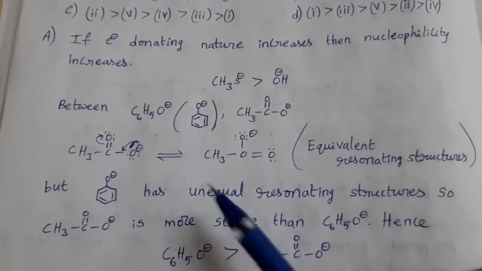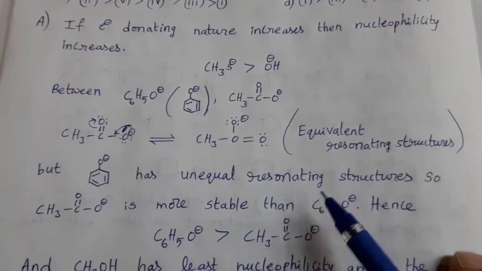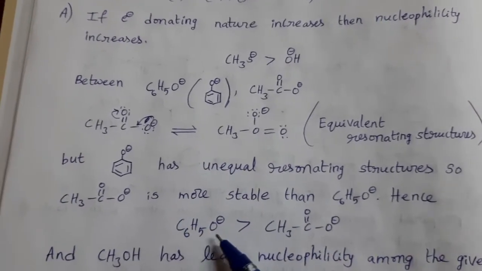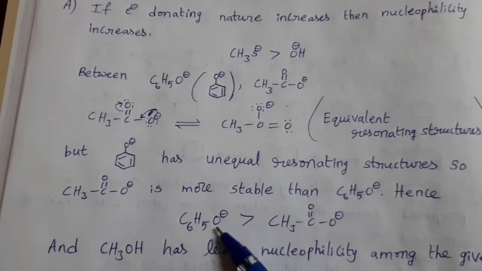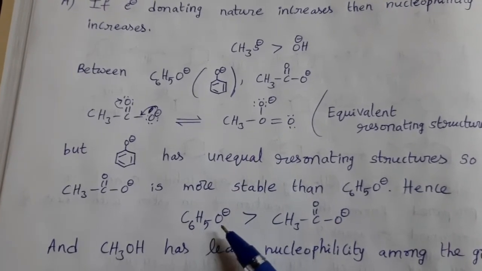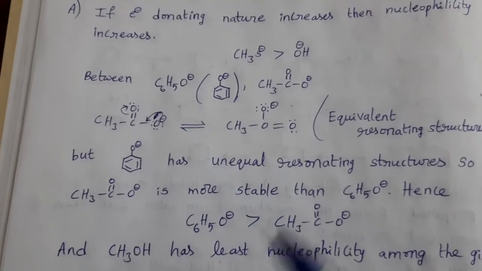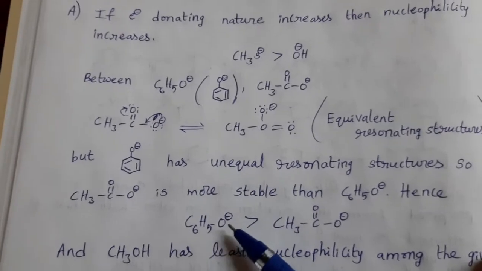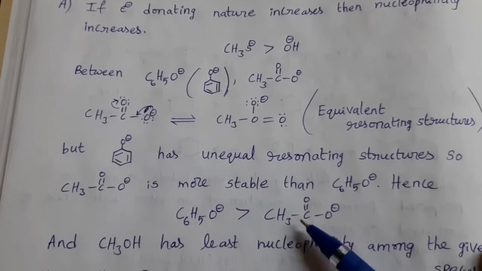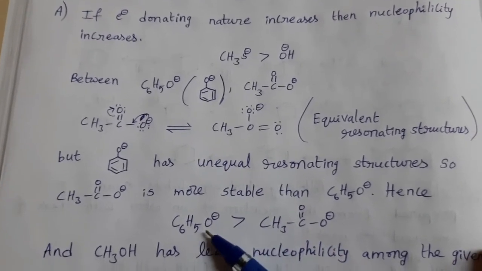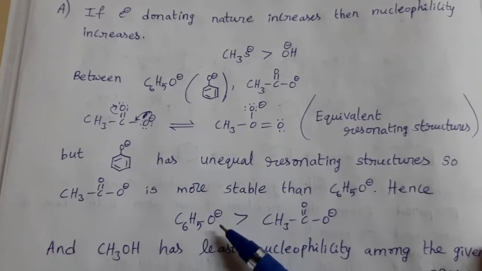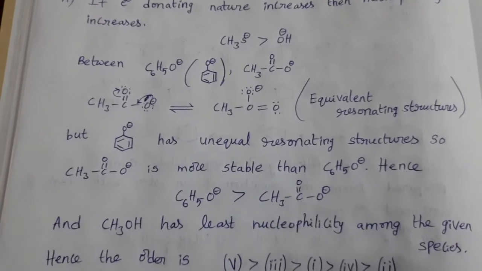In phenoxide ion, unequal resonating structures are there. So between phenoxide ion and acetate ion, phenoxide ion has less stability, so it can donate electrons. It means it can attract nucleus more easily than acetate. Hence, phenoxide ion nucleophilicity is greater than acetate ion.